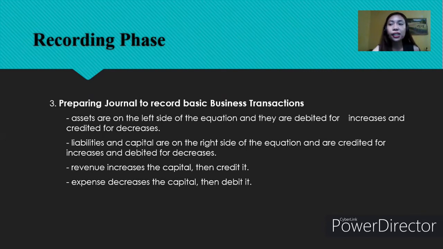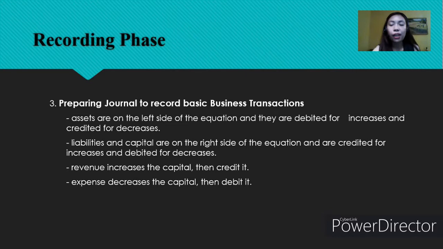To do this, it's really important to recall that assets are on the left side of the equation and they are debited for increases and credited for decreases. Meanwhile, liabilities and capital are on the right side of the equation and are credited for increases and debited for decreases.